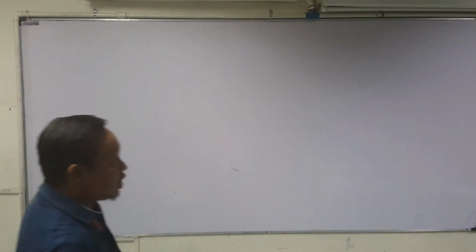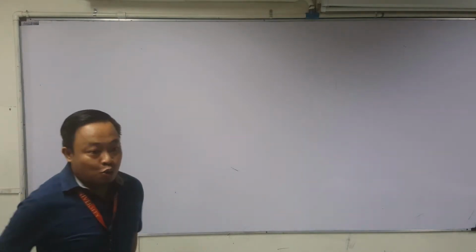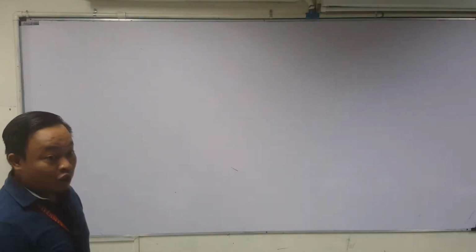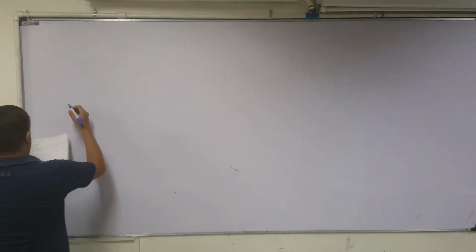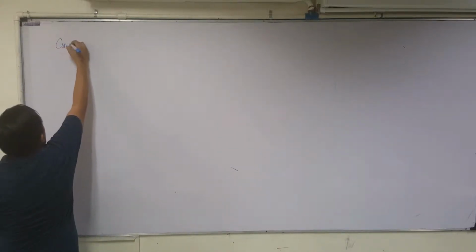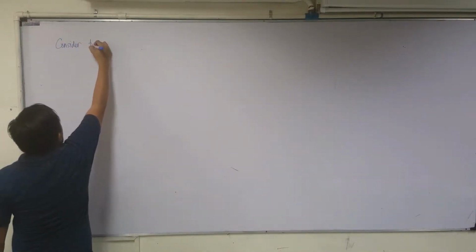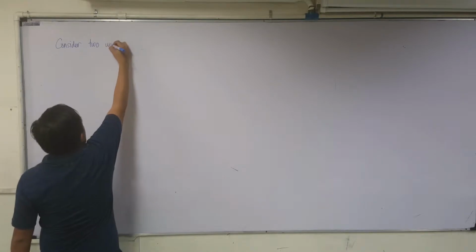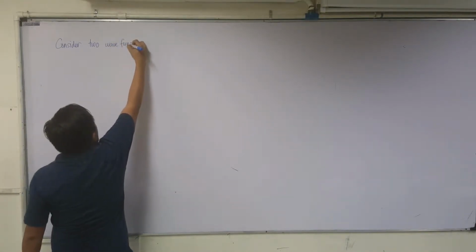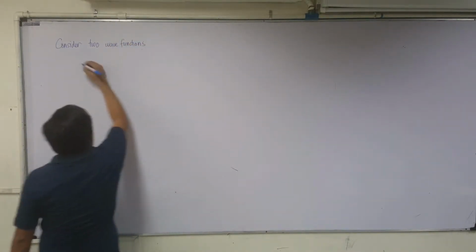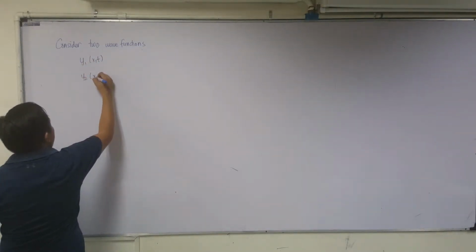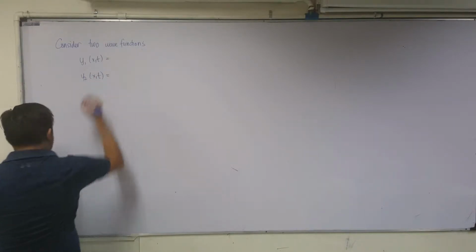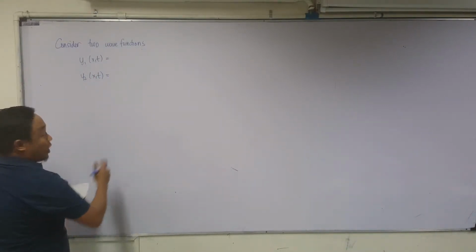So what we did earlier is to solve the wave equation using separation of variables. Let's say we consider two wave functions, y1 and y2. These wave functions are given by the following.